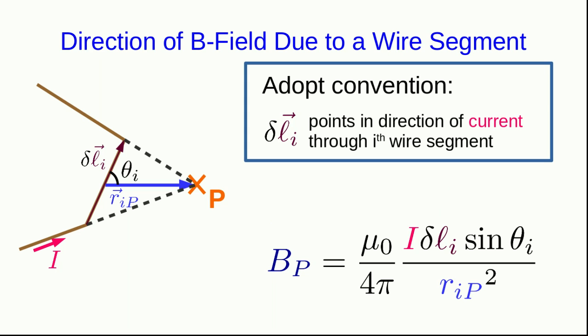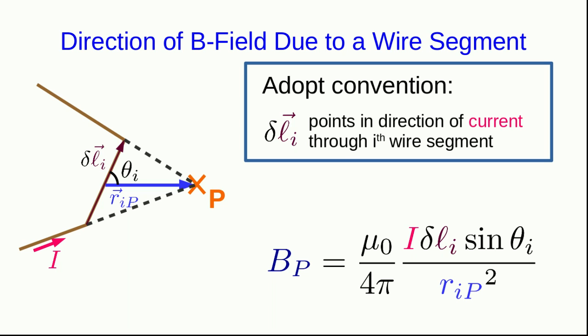All that's left is to come up with how to get the direction. So we want to take this equation and just put a vector symbol over the B. Well, how do we do that? I've been using a convention that the delta L vector points in the direction of the current through that ith wire segment.